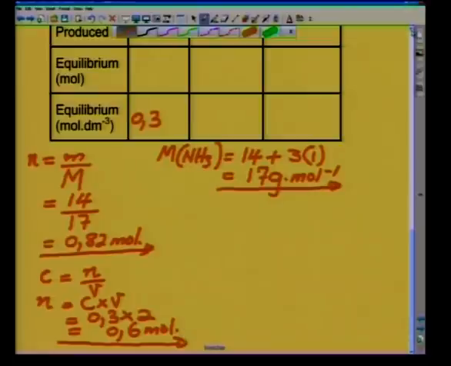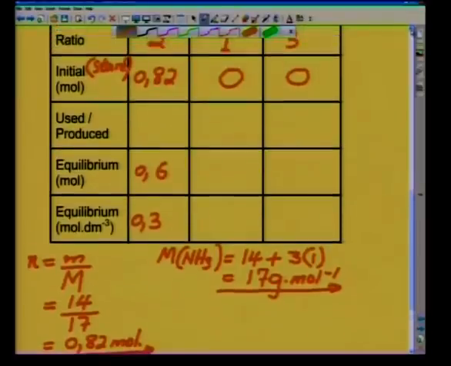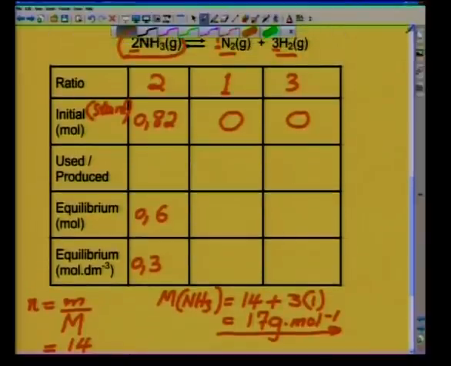So now we also have another solution to this one: 0.6 moles of ammonia. Now we can work out something from here. Why? Because if we started with 0.82 moles of ammonia, and at equilibrium we have 0.6 mole, what has happened to the other moles?